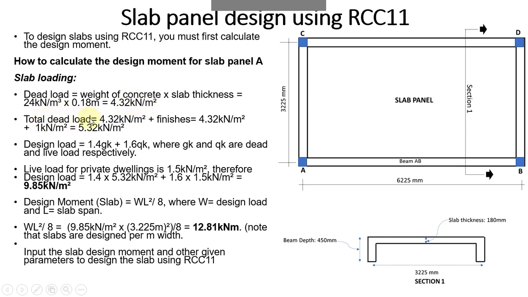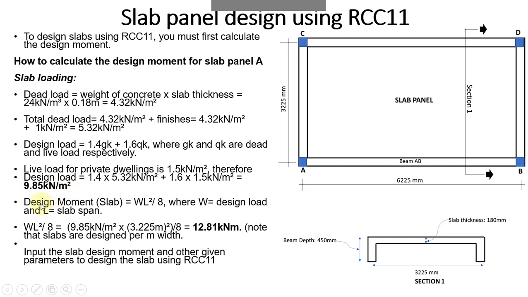Now, for the total dead load, we add 4.32 kilonewton per meter squared plus finishes to give us 5.32 kilonewton per meter squared. Now, design load according to BS code is 1.4 Gk plus 1.6 Qk, where Gk and Qk are dead and live load respectively. We know that live load for a private dwelling is 1.5 kilonewton per meter squared. Therefore, design load using this formula gives us 9.85 kilonewton per meter squared.